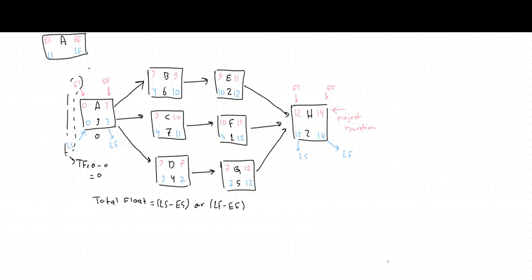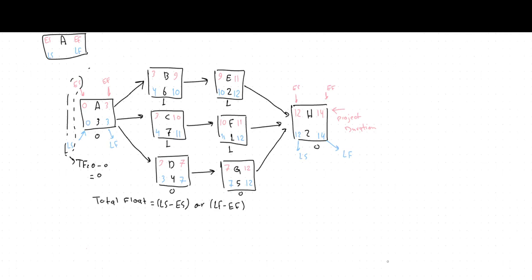Applying it for the rest of the activities: B, 4 minus 3 is 1; C, 4 minus 3 is 1; D, 3 minus 3 is 0; E, 10 minus 9 is 1; F, 11 minus 10 is 1; G, 7 minus 7 is 0; H, 12 minus 12 is 0.